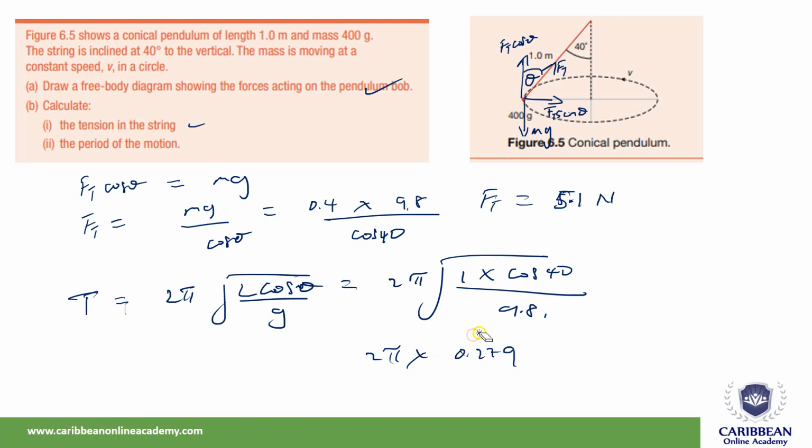When I square root everything underneath here, I get this value. Let me check it again: cos of 40 divided by 9.8, square root that. Yeah, so that now multiplied by 2 pi gives us an answer to say that the period T is equal to 1.75 seconds. All right, so that completes that.